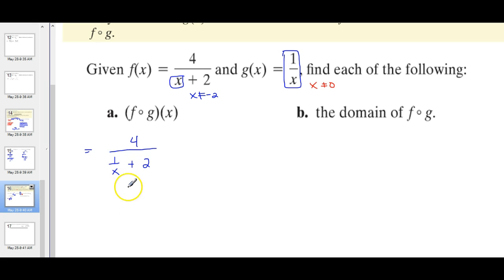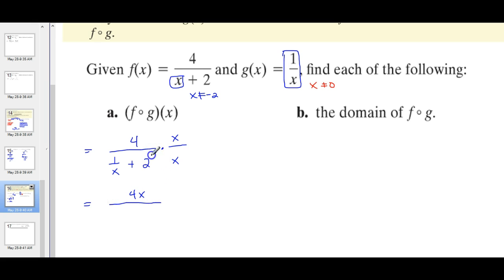Now the way you fix this is called a complex fraction, a fraction within a fraction. You multiply through by the common denominator of every term, the least common denominator of all these terms. Well, there's only one that has a fraction, so the LCD is that denominator, X. And then you just multiply. So this is 4X on the top.